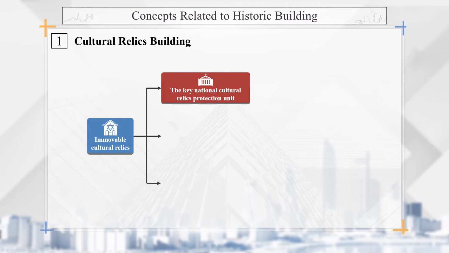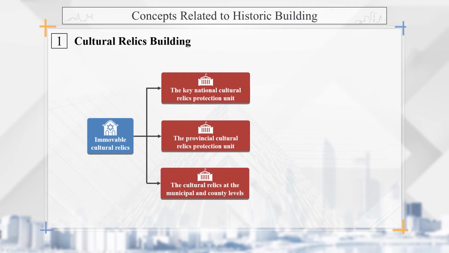The first of which is the Key National Cultural Relics Protection Unit determined by the State Administration of Cultural Relics. The second class is the Provincial Cultural Relics Protection Unit determined by the provincial government. The third is the cultural relics at the municipal and county levels determined by the municipal and county governments.